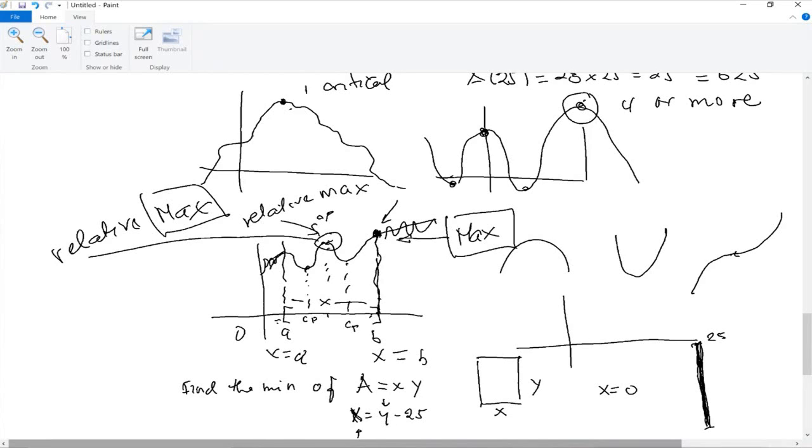In the abstract, the real answer with no calculus is that the minimum of A is 0 when x is 0, you know? But in practice, you say, you are kidding. Where is my fence? What happened with my fence? No chicken, no garden.